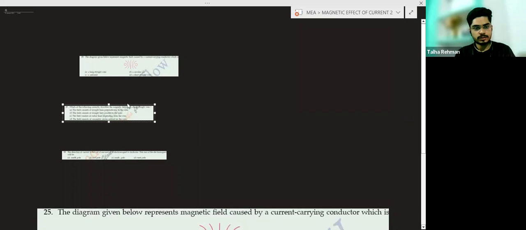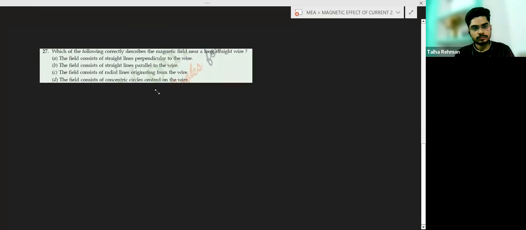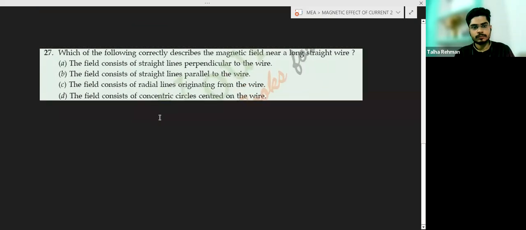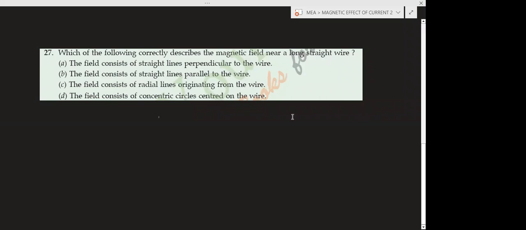Next question is this. Which of the following correctly describes the magnetic field near a long straight wire? Option 1: the field consists of a straight line perpendicular to the wire. Option 2: a straight line parallel to the wire. Option 3: radial lines originating from the wire. Option 4: concentric circles centered on the wire. Can anyone tell me?